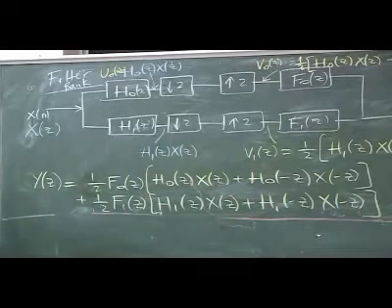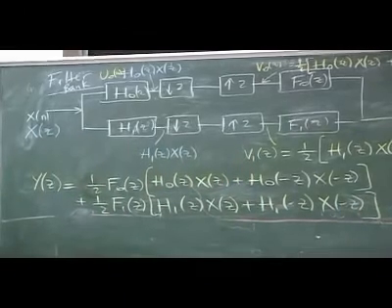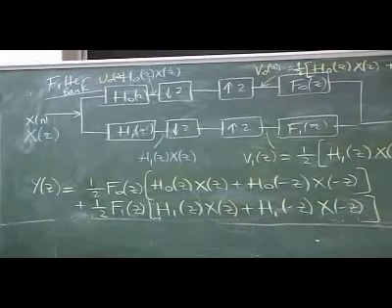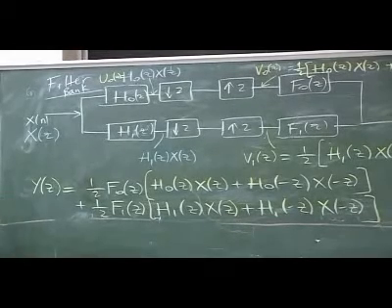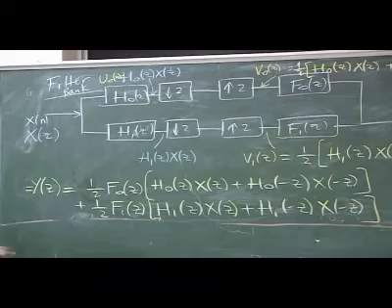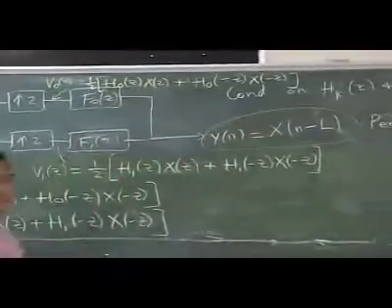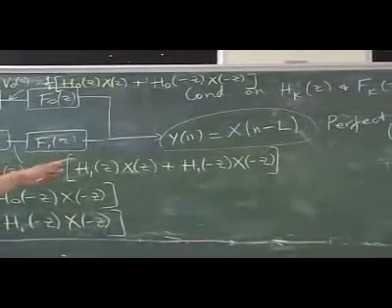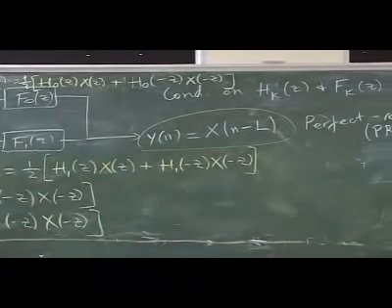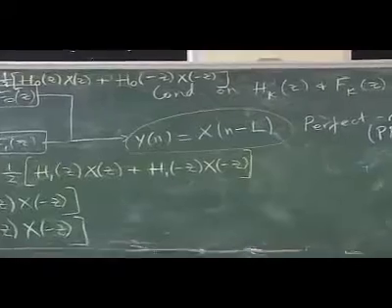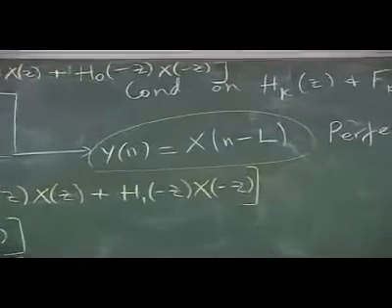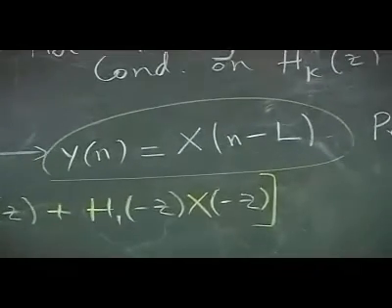Okay. And what do I want this to be equal to? What do I want this to be equal to? How do I write this in terms of Z transform? Z to the minus L, right?